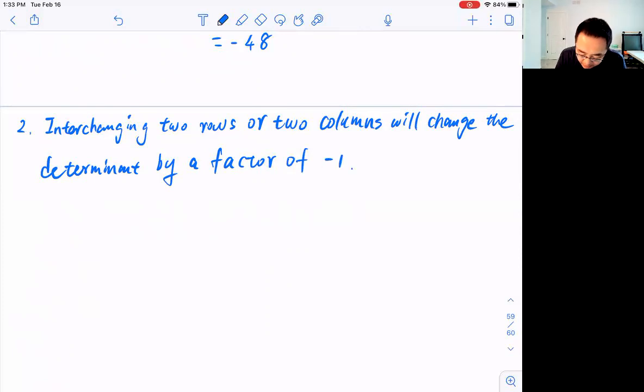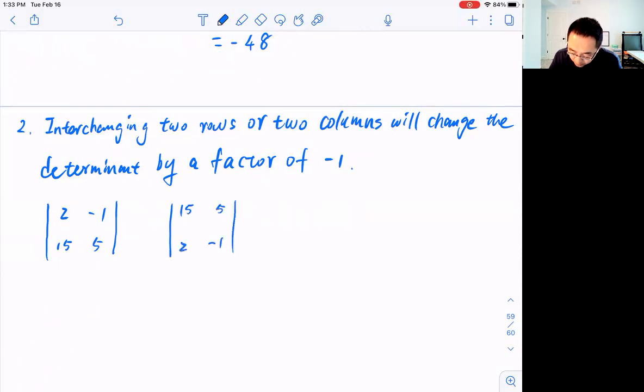So for example, what I mean by that is if you look at the determinant of 2, -1, 15, and 5, just like we looked at earlier, and somehow you switch the two rows, you change it to 15, 5, and then 2 and -1. You just flip the two rows. Okay. If you see, then this equals, we already did this, 2 times 5 minus 15 times -1, which equals 10 plus 15, which is 25, right?